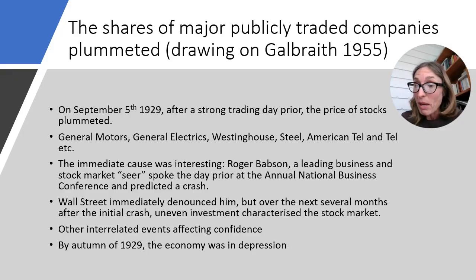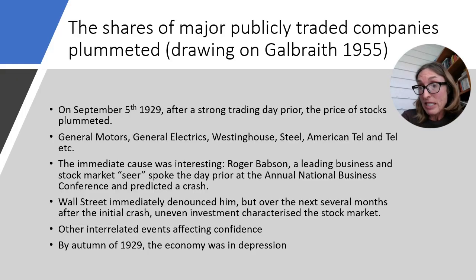And why did they plummet? Because the investors wanted to get rid of them. They were worried that they would be left with stock that was no longer increasing in its value but declining in its value. And they wanted to be selling at as high a price as possible. And that meant that there was a rush to sell. And with the rush to sell came fear.